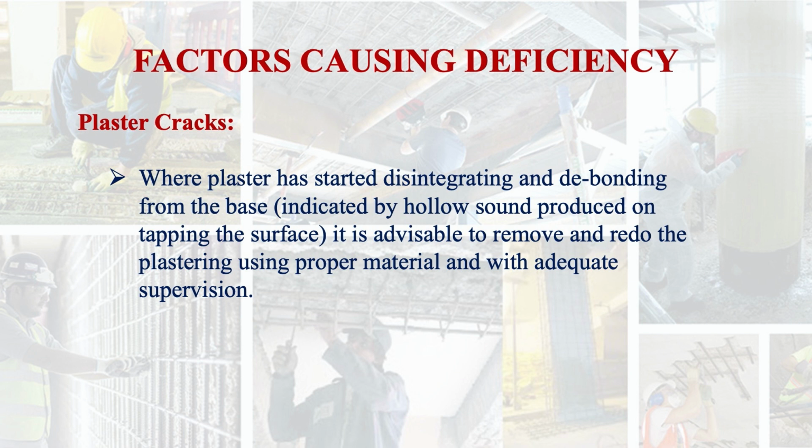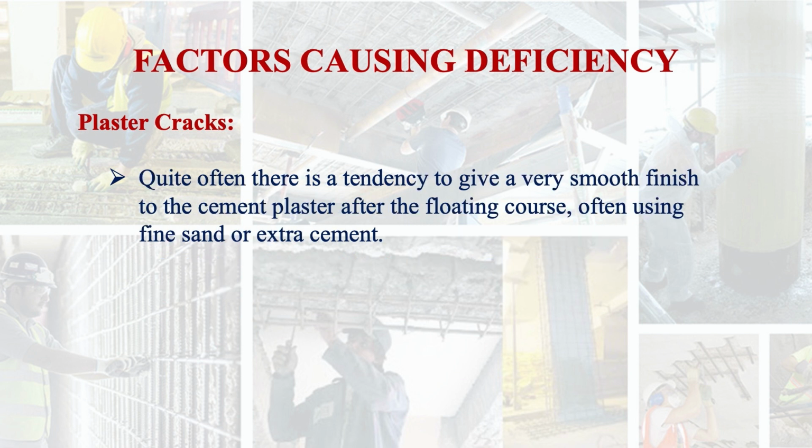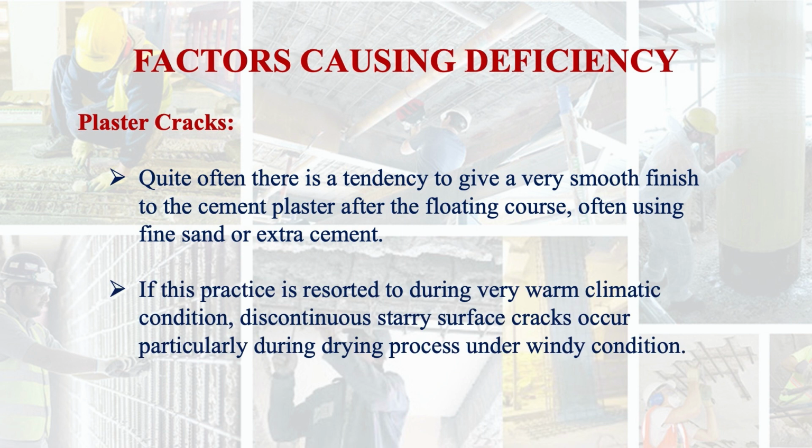and with adequate supervision. Quite often there is a tendency to give a very smooth finish to the cement plaster after the floating course, often using fine sand or extra cement. If this practice is resorted to during very warm climatic conditions, then what will happen?